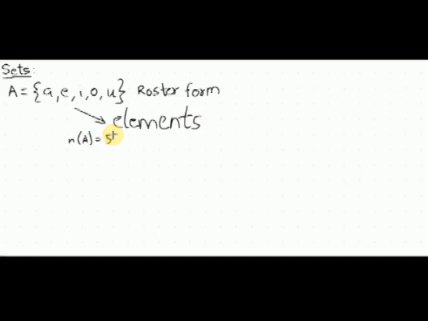Now let me take another example of a set. We generally represent a set by a capital letter of the English alphabet, like I have written A here. We can also write B, C, D, or X, or Y, any.